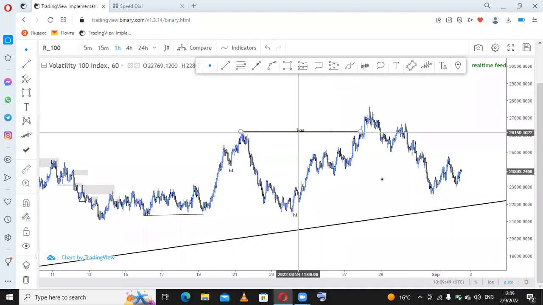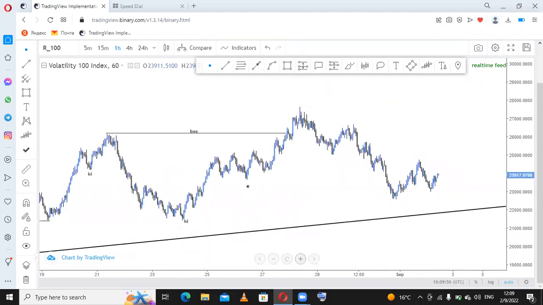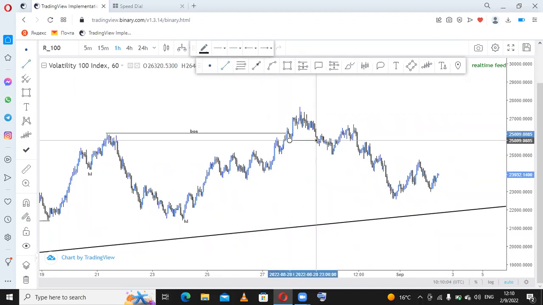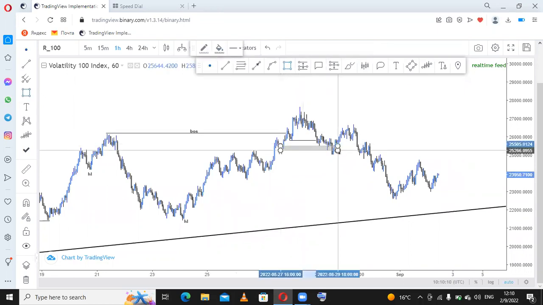I'm going to explain what happened here, why all this order block failed to hold, right? This was our previous higher low, which we needed to be taken out. And this was our demand zone we were supposed to buy, and we bought successfully, price bought.